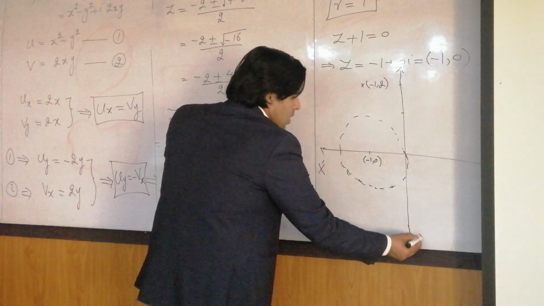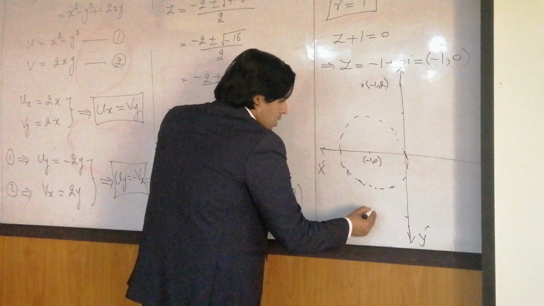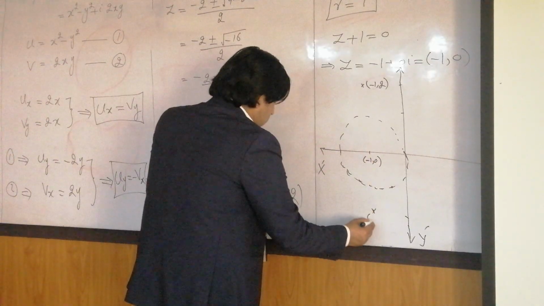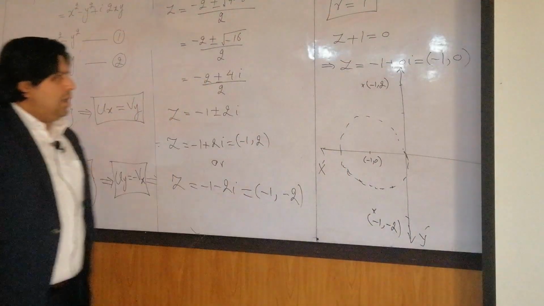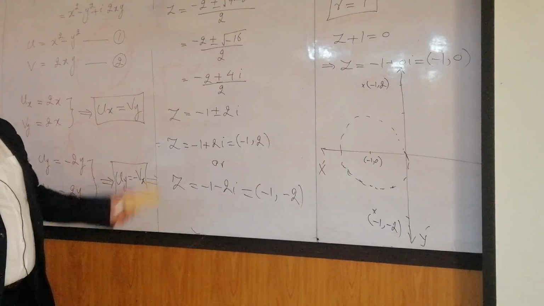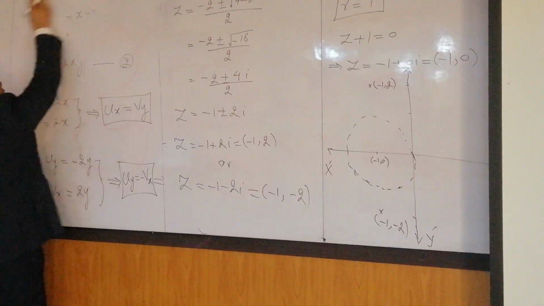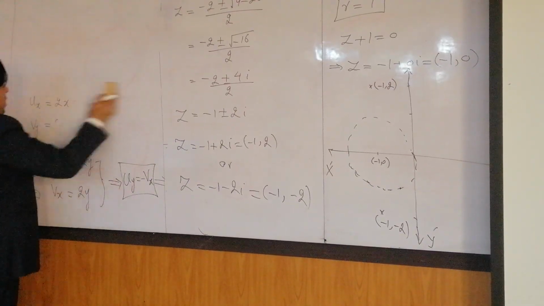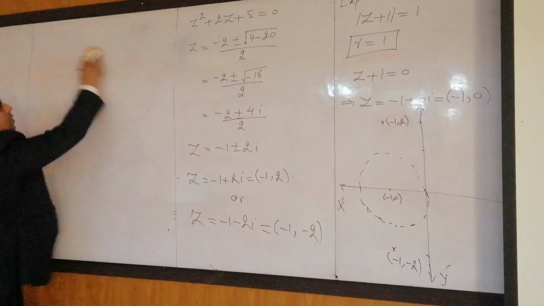So this will lie here. This is minus 2. This point is minus 1 comma minus 2. And now you can see that we have the poles which lie outside of our given curve. So we can say that by the Cauchy integral theorem, this integral is equal to 0.